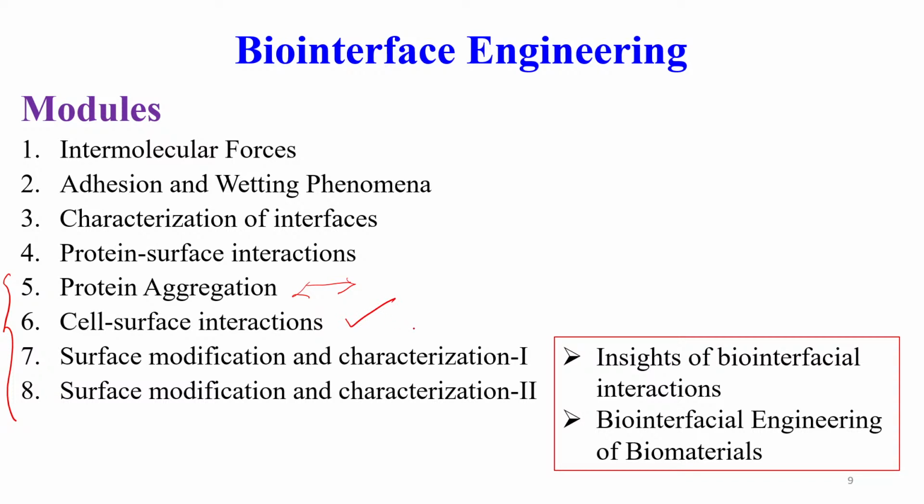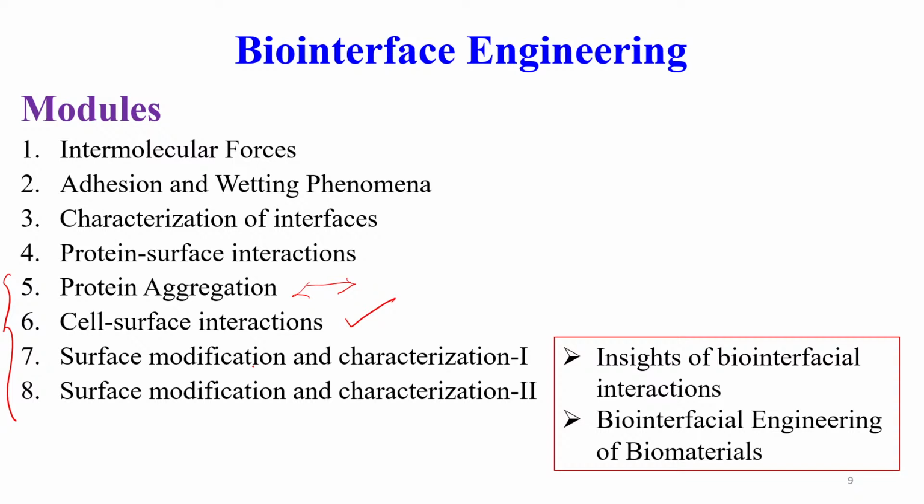In cell-surface interactions, we will discuss the host responses to biomaterials when they are implanted or applied, then the different cell adhesion mechanisms, and finally how the biocompatibility of a biomaterial is defined and how it is analyzed experimentally.